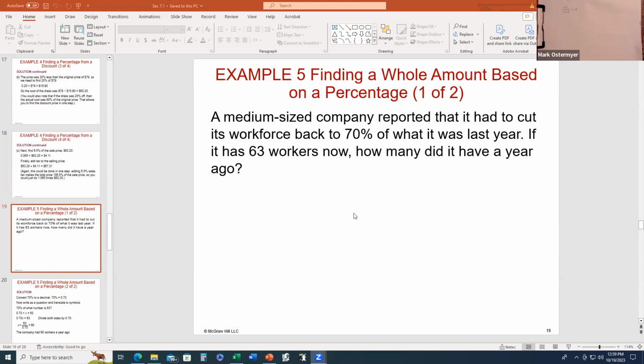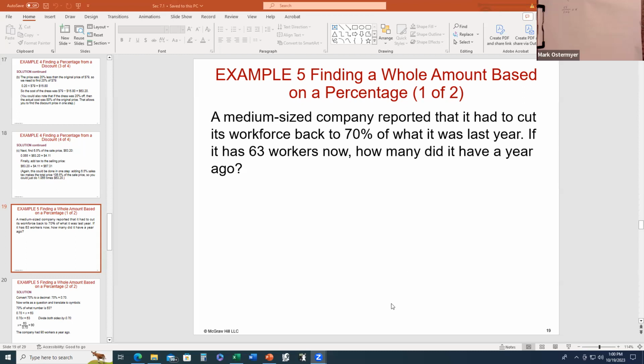All right, another example. A medium-sized company reported that it had to cut its workforce back to 70% of what it was last year. If it has 63 workers now, how many did it have a year ago?